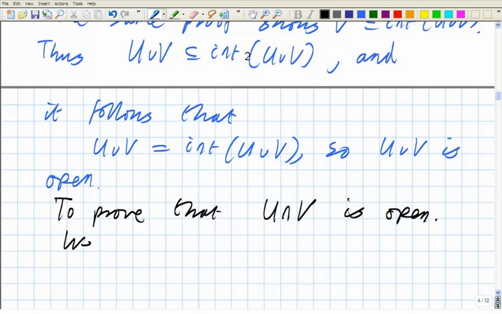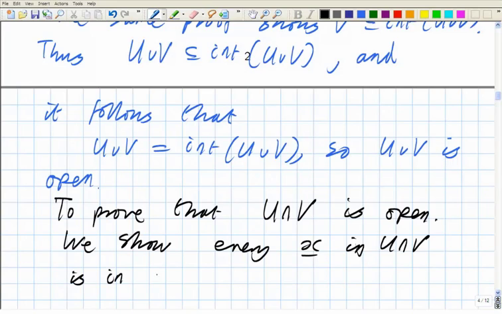So we show every X in U intersection V, which might be empty, by the way. If you want, you can treat the case where the intersection is empty as a special case, but the proof I'm about to give is actually valid in that case as well, because I'm going to say, suppose X is in a minute. So we're going to show that every X in U intersection V is in the interior of U intersection V.